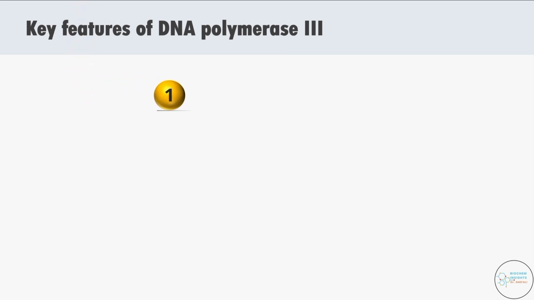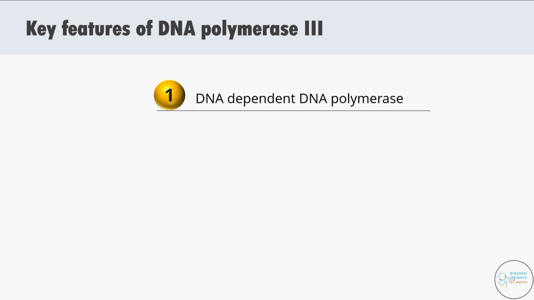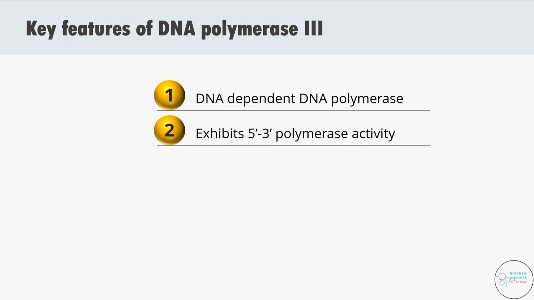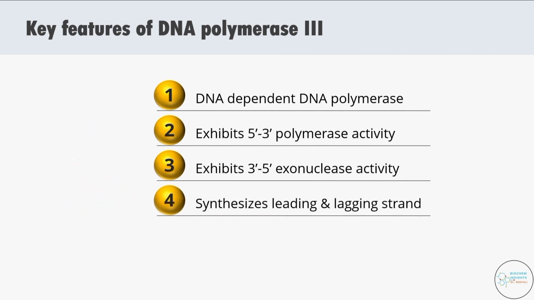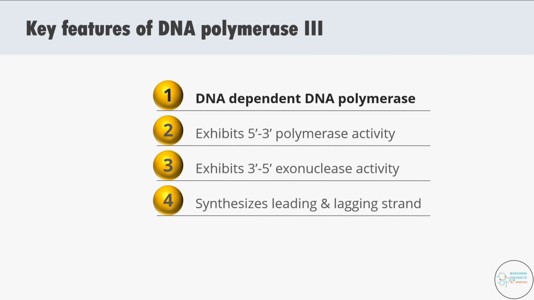So first, DNA polymerase 3 is DNA dependent DNA polymerase. It exhibits 5' 3' polymerase activity. It exhibits 3' 5' exonuclease activity, and it synthesizes leading and lagging strand. So what is DNA dependent DNA polymerase?